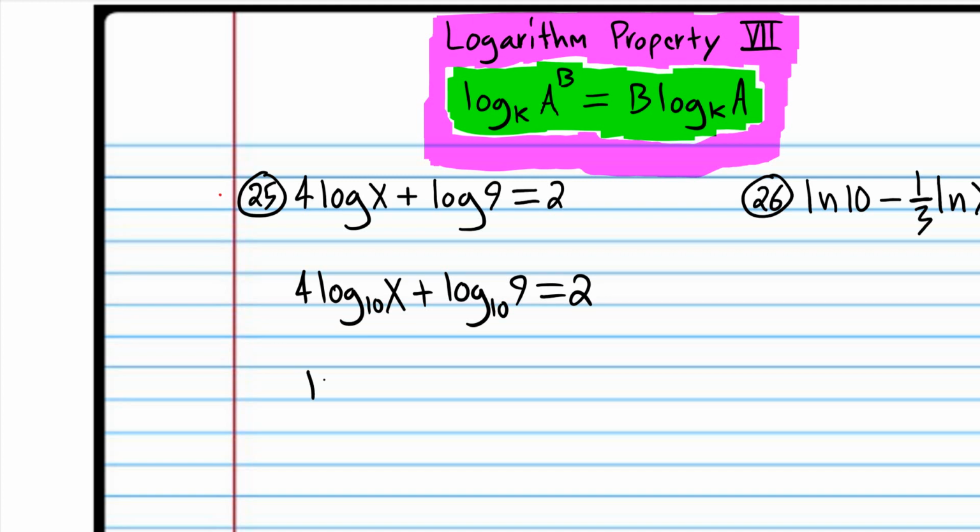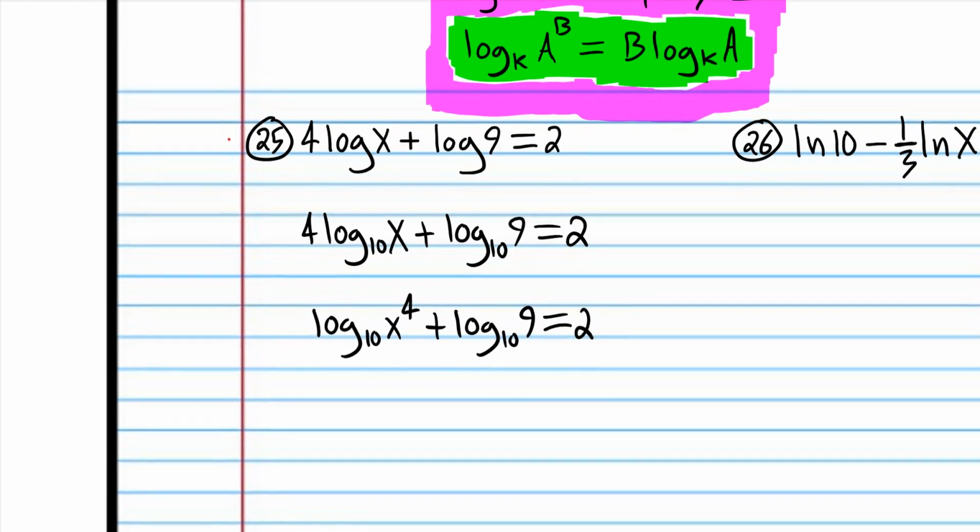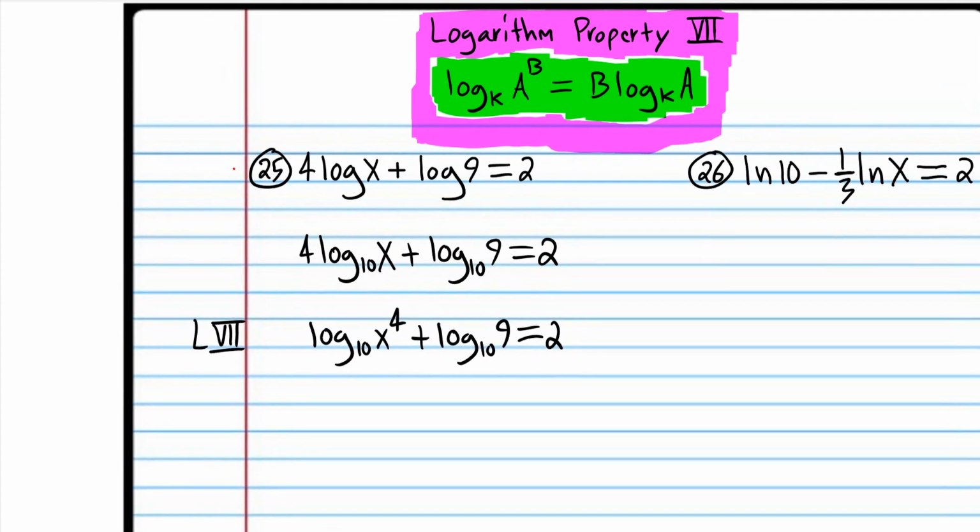So now I'm going to use this property up here. I'm going to take 4 and throw it up into the exponent. And then I'm going to use, and I should write that down, logarithm property 7. Again, that's that property up there.